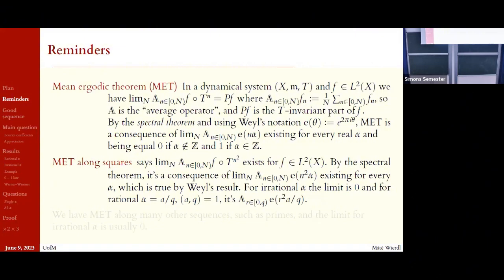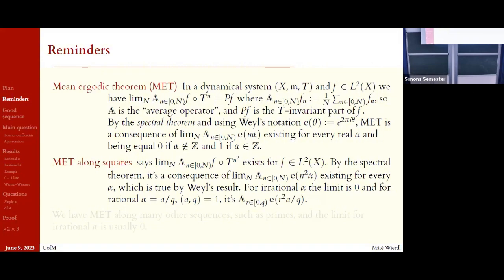That's very important, and this is again true by Weyl's result that these limits exist. For irrational α, we have the same limit as in the classical mean ergodic theorem: the limit is equal to 0, which is equivalent with uniform distribution.